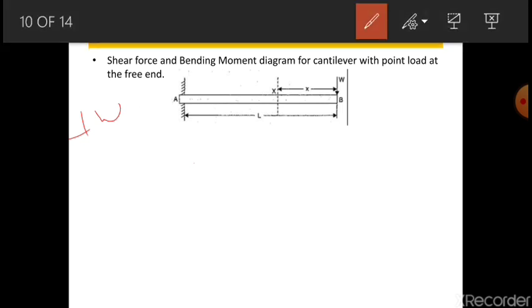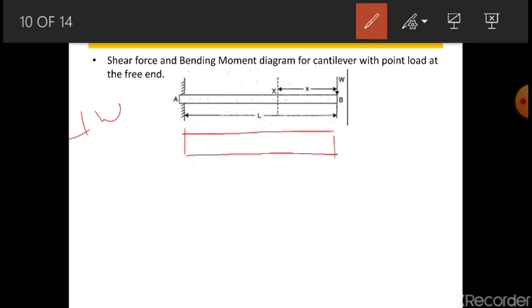It should be exactly below this beam, exactly at that point where the point B is. This is W. Then it will be constant throughout till the point A.